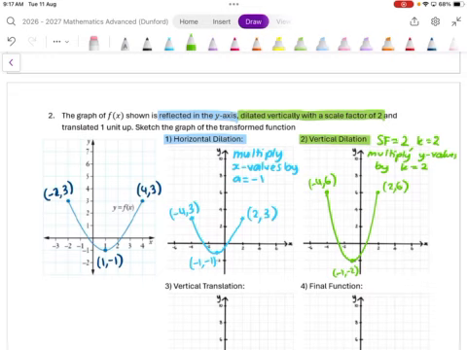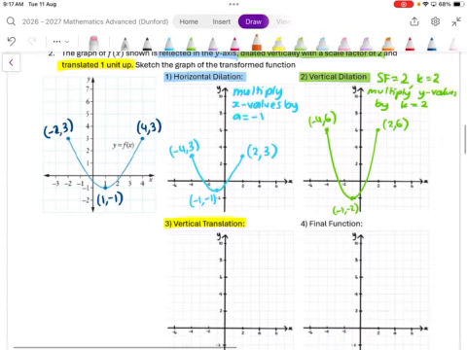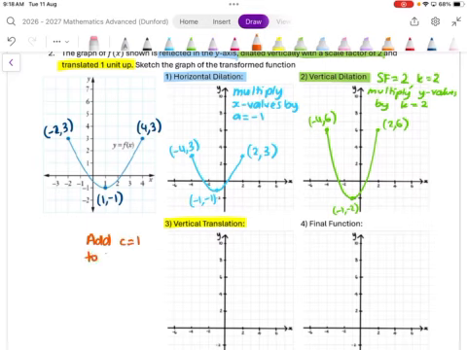Okay, the last transformation that we have is that we have to translate 1 unit up. So if we're translating 1 unit up, we're doing a vertical translation. So when we do our vertical translation, what that means is we are going to add 1, or add c equals 1, to the y values.